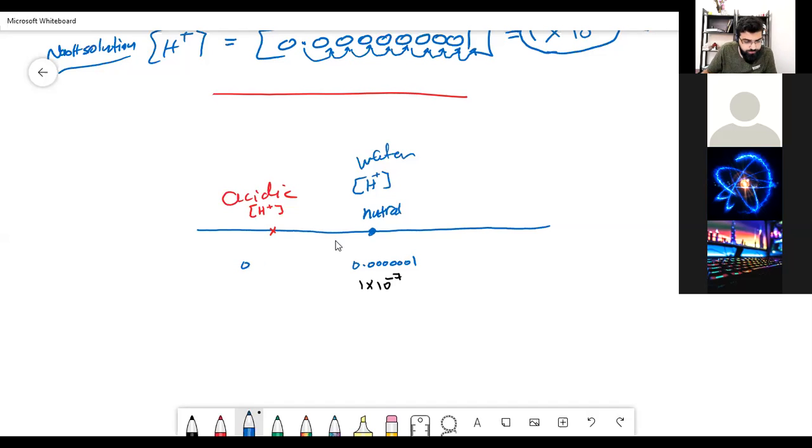It's supposed to be greater than the water. Give me hands, or write it in chat. Expect a concentration of H plus in any acidic solution.